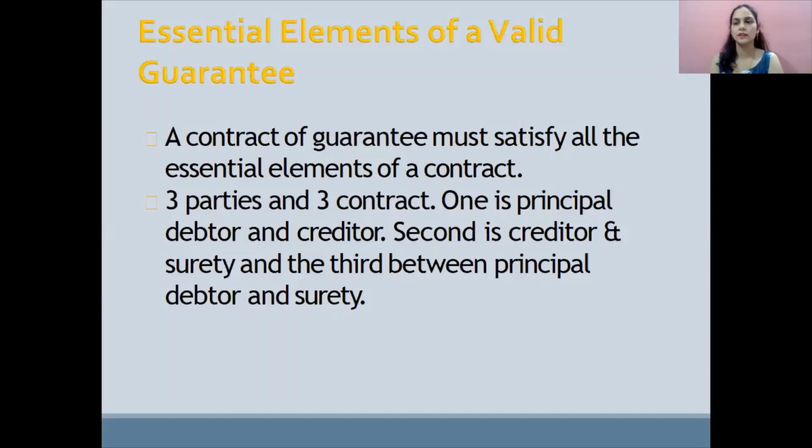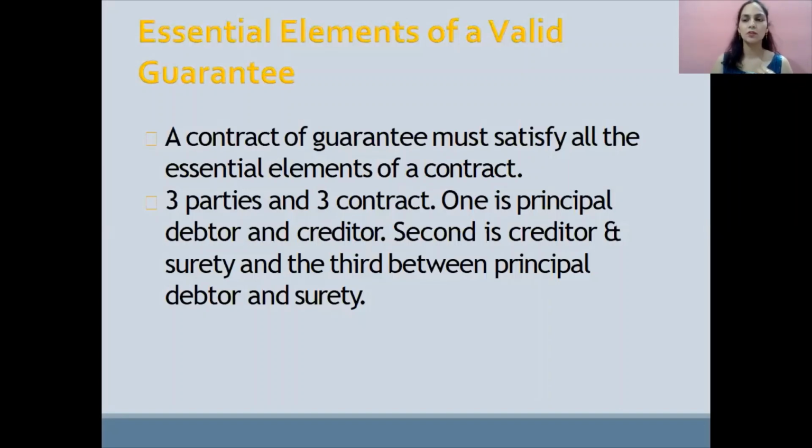Then only it will turn into a valid guarantee. This is the first essential of the contract of guarantee, that it must possess all the essential elements of a valid contract.